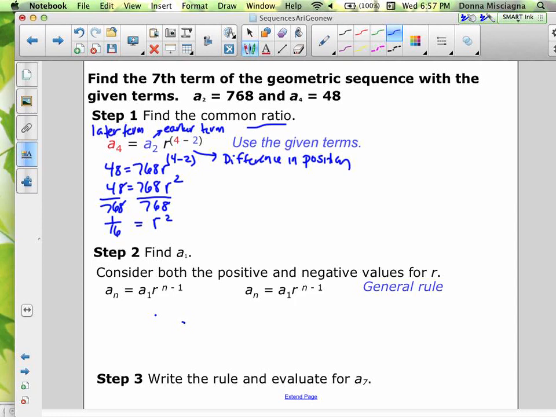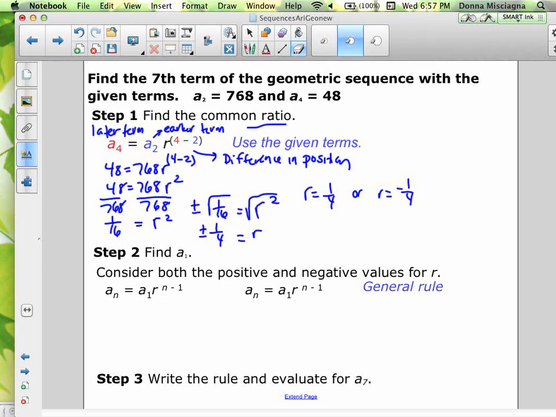So we're going to take the square root of both sides. And we know that when we're solving for a square, we take positive and negative. So that means plus or minus 1/4 is equal to R. So it could be that R is 1/4 or R is negative 1/4. No real way to tell with the terms that we're given.